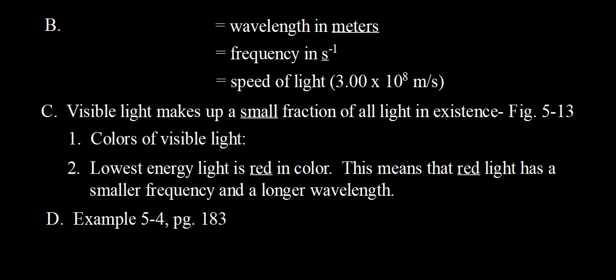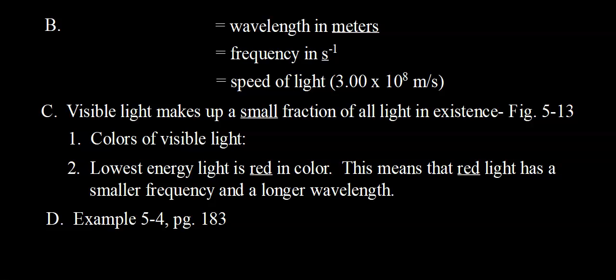I don't like to call them all light. I'll refer to them as electromagnetic radiation. So all the way on the left we have gamma rays, and then X-rays, UV, visible light, infrared, microwaves, all the way to long radio waves on the right. Those are all the different types of light or electromagnetic radiation.